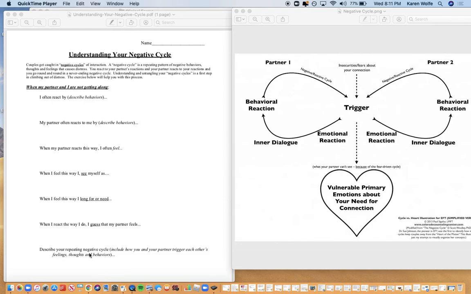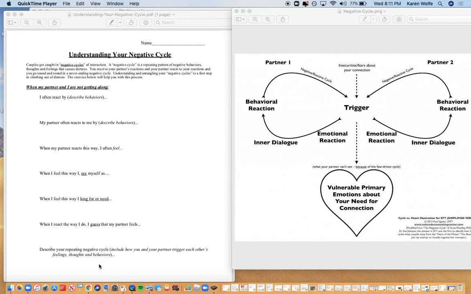Can you actually describe the negative cycle in very plain and simple terms so that you guys can know when it's popping up, and that you can say, oh, Hurricane Sally is here. Let's take a pause, because you're not my enemy. And my brain is telling me that you are right now. Let's take a pause. Okay.